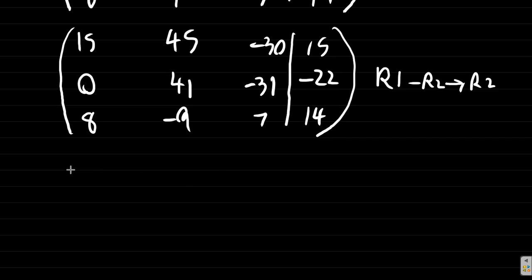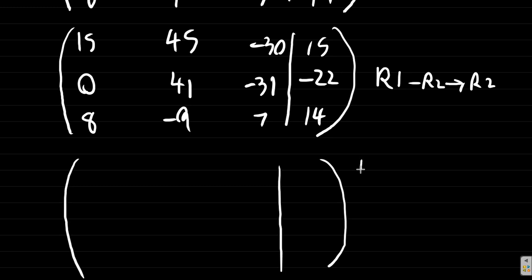Let's multiply row 1. Another way you could write this, instead of say 8 row 1, we could say row 1 multiplied by 8 gives you a new row 1.